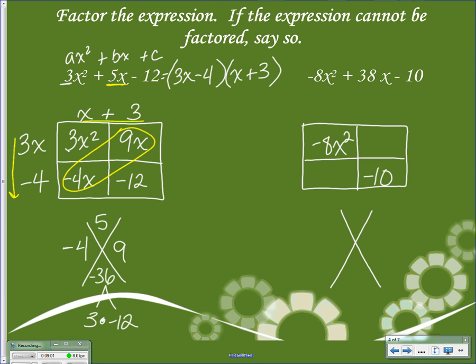My b term goes in the top here. And I'm going to multiply my a and my c terms together, and I get 80. Okay, so what are my multiples of 80 that will give me 38? 40 and 2 would work if one of them was a negative.